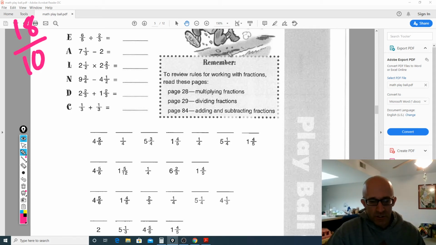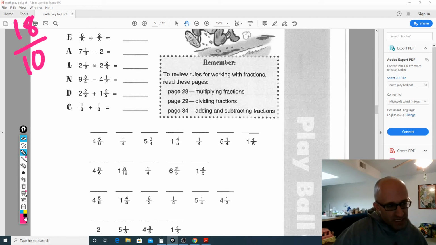You have to look at your answers down here, and you go, well, I don't see any answer that is in its improper form, as an improper fraction here. So what we have to do is now change the fraction to a mixed number.